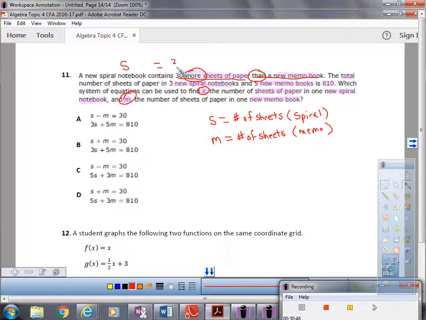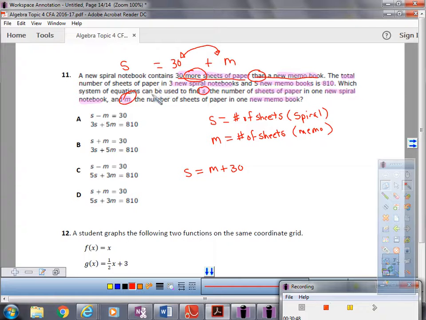Right now I would write that 30 more than is plus, and then new memo book is the M. But since they said more than, they'll probably switch these two here. So instead of S equals 30 plus M, it could be written M plus 30. Okay, just keep an eye out for that.